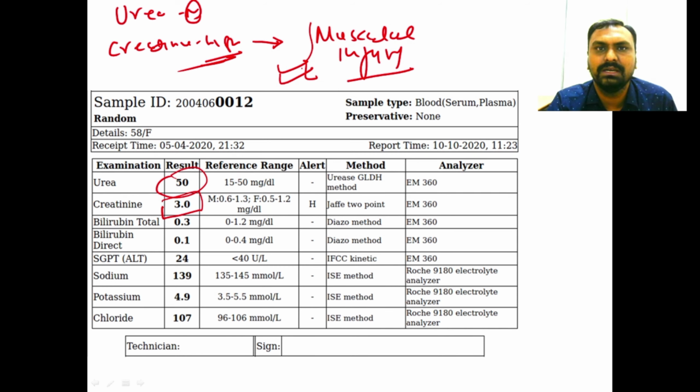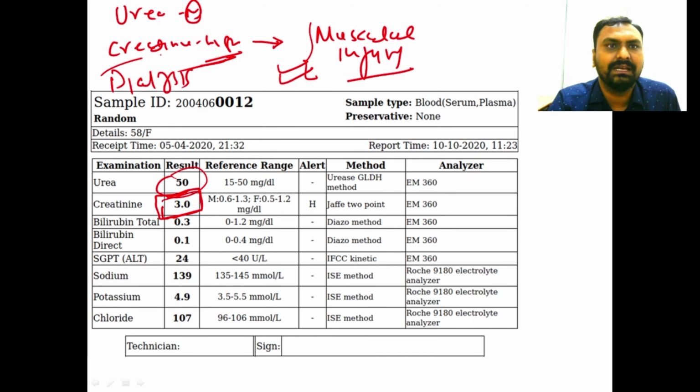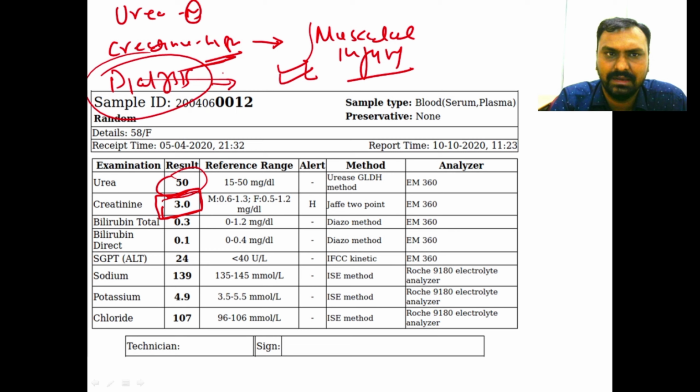They are very rare, but doctors should remember that creatinine level might be increased in case of muscle damage. Here, this might be the case of dialysis. After dialysis, urea is removed, so urea returns to normal, and creatinine takes a while. So after dialysis, urea level will be normal, but creatinine still remains high.